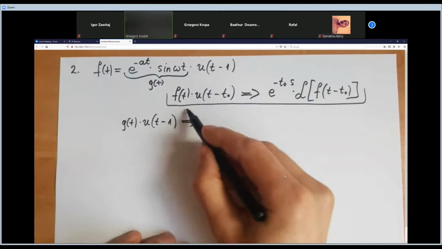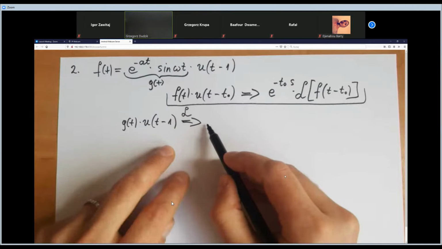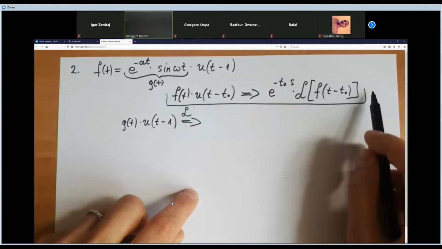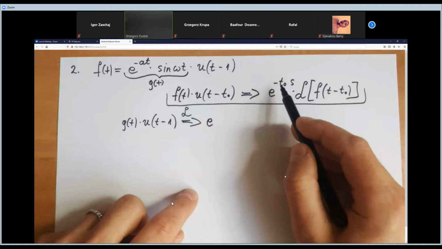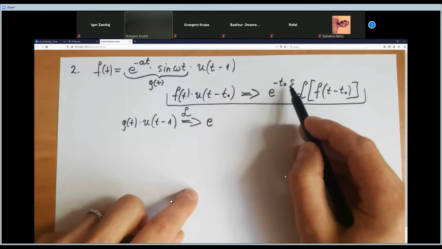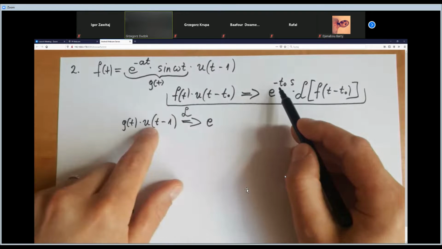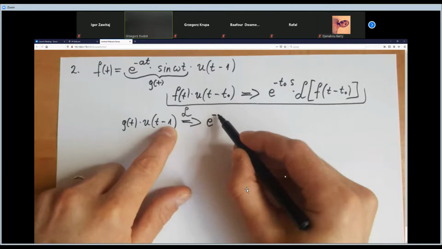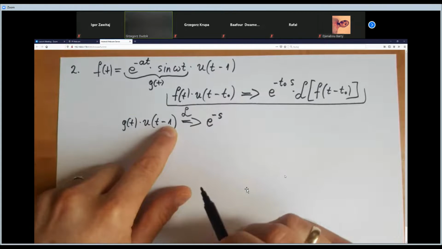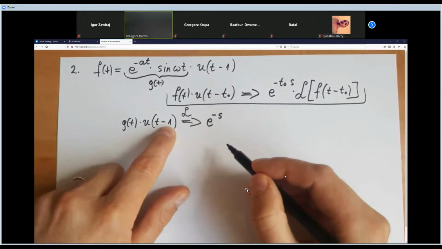using the Laplace transform, we have what? According to the general expression, e to the power of minus t0 s. In our case, as you see, t0 here is 1. So it is minus 1 times s. So this is minus s. I don't have to put the 1 here, of course. Great.